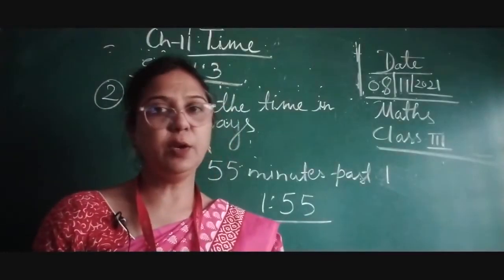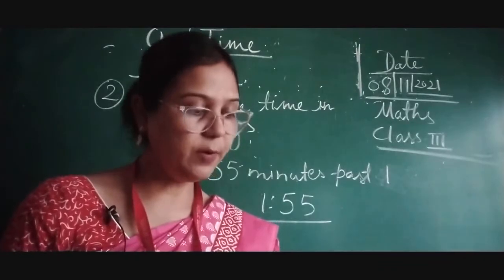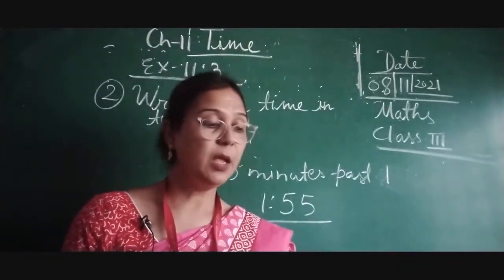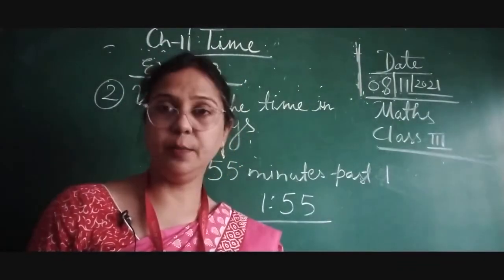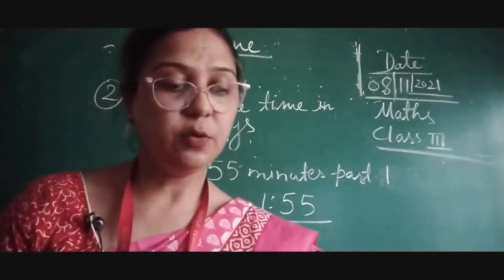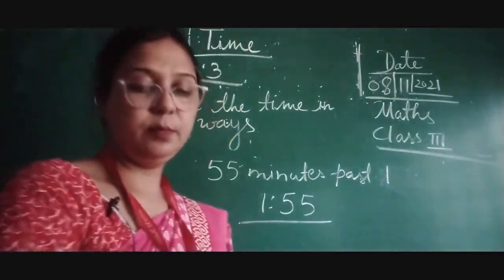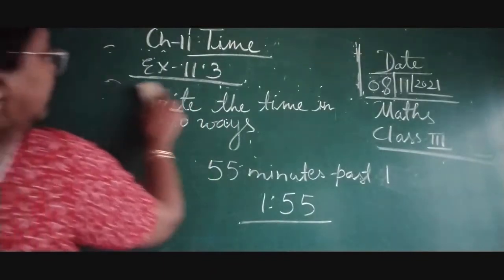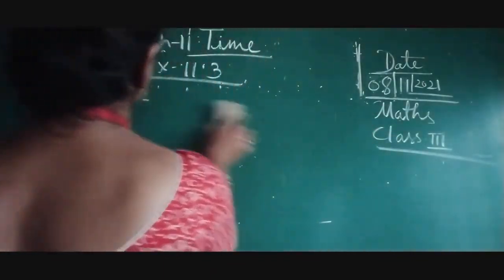Okay. Now children, turn over the page. We are at page number 162 and we are going to start the third number question. Okay children, so write it down, third number question. Second we have completed.